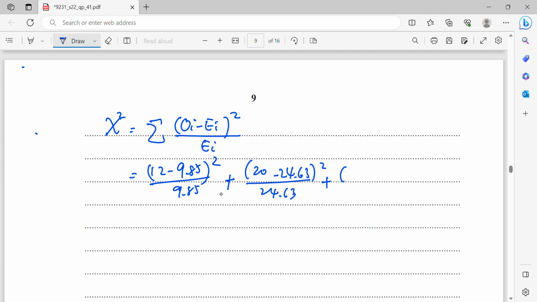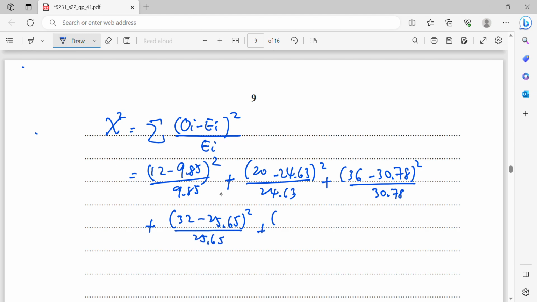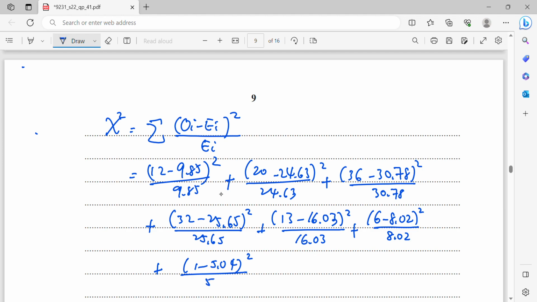Then the next cell will be (36 minus 30.78) squared over 30.78, plus (32 minus 25.65) squared over 25.65, and then plus (13 minus 16.03) squared over 16.03, plus (6 minus 8.02) squared over 8.02, and lastly (1 minus 5.04) squared over 5.04.